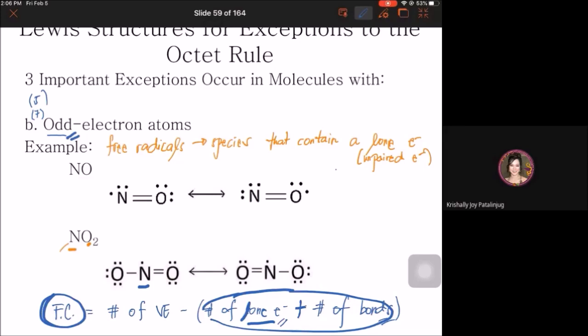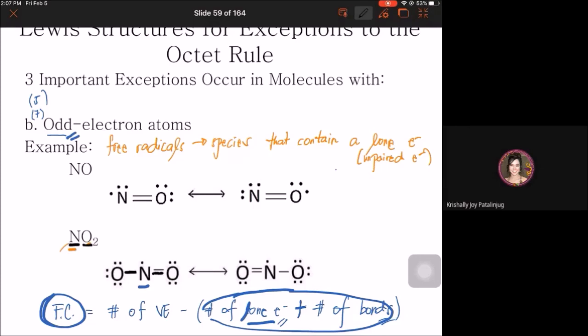Di ba? Yung first step in writing Lewis structure is the placement. So, obviously, isa lang naman yung nitrogen, dalawa si oxygen. Si oxygen talaga yung nasa labas. And isa pa, lowest electronegative yung nitrogen. So, siya talaga yung nasa central atom. So, no problem. So, you draw a single bond muna to that of the surrounding oxygen.